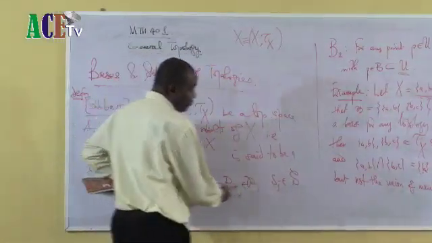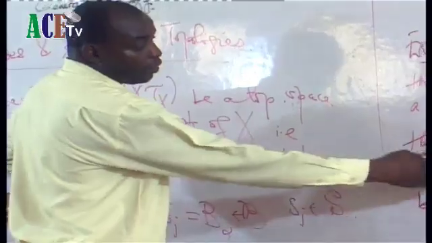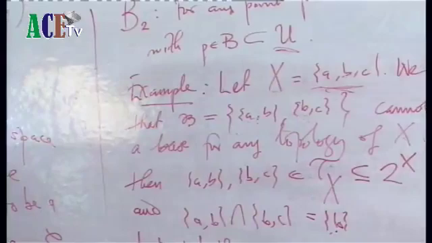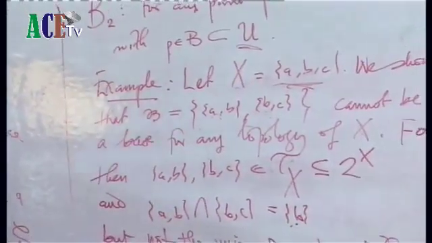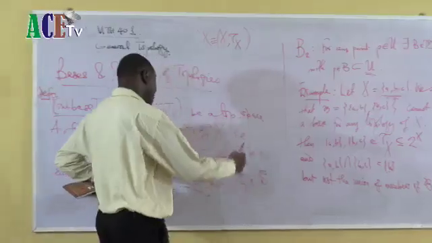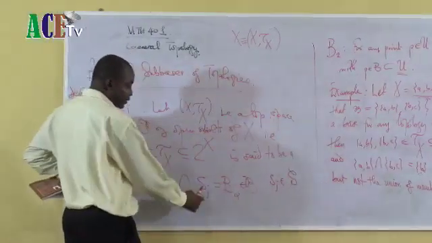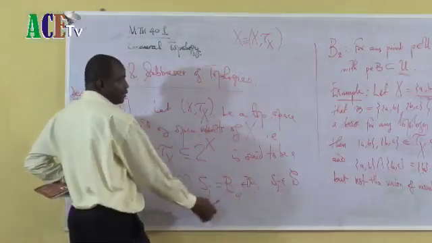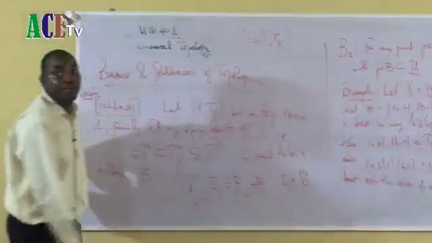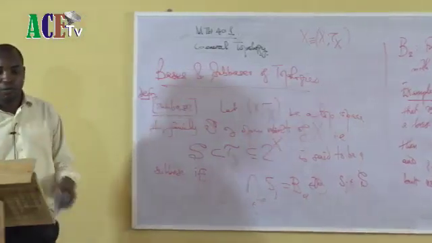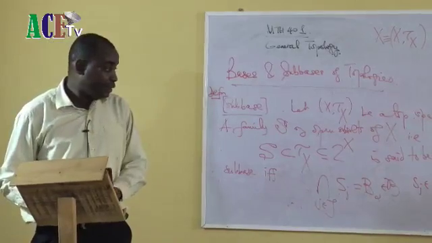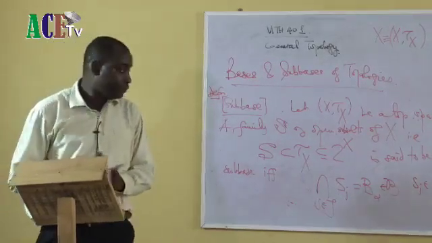If after taking the intersection of the two, you get a third set, and it being B is in this set, then you can lay claim that these sets, AB and BC, are actually subbases of curly S. But that is not the case.